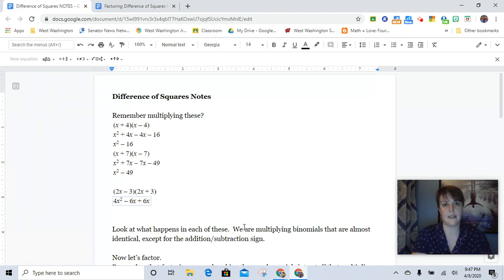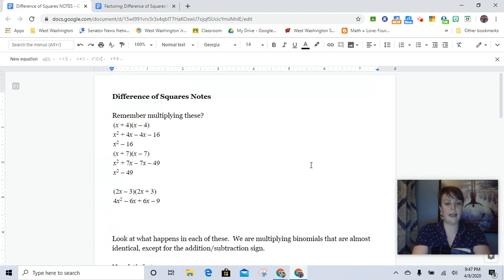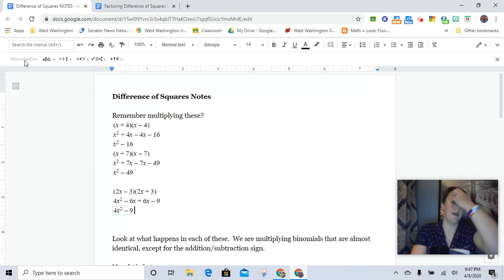So I guess I technically did those backwards if you want to nitpick there, but the order doesn't really matter as long as you're multiplying each one by each other. So anyway, and then 3 times negative 3 is minus 9. And so then again, the 6x and the negative 6x cancel each other. And so now we have 4x squared minus 9.